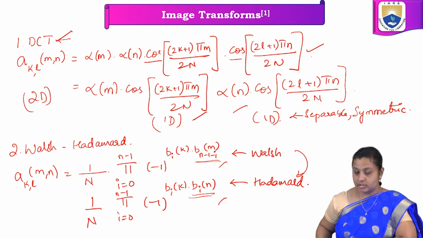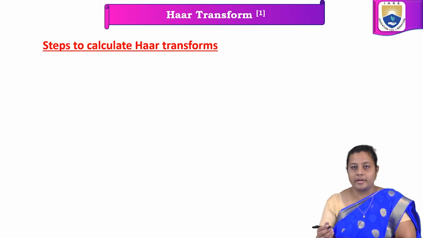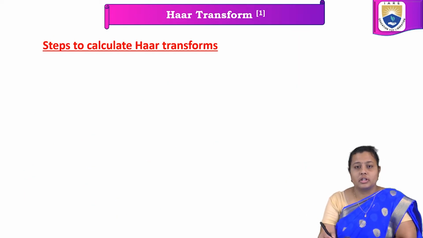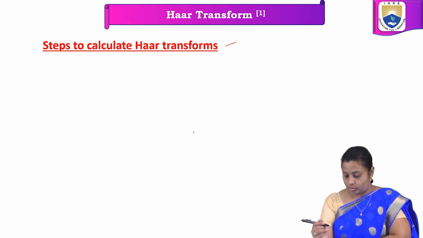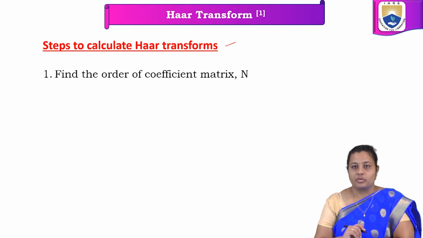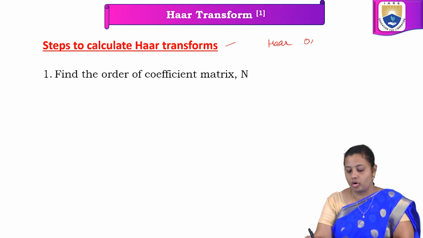So in today's video, we will talk about the Haar transform. Just as we discussed in our previous lectures, the Haar transform cannot be directly calculated by a specified formula. There are multiple steps that we have to follow, so we'll see step by step. The first step is the order of the coefficient matrix. Suppose we want to calculate the Haar transform of order 2.